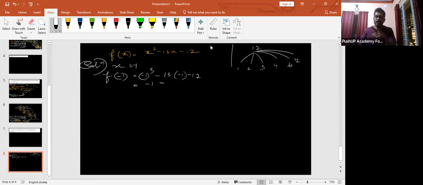Minus 13 into -1 is what? Positive 13. And then minus 12. Now -1 minus 12 is what? Minus 13 plus 13. Wow, you're getting a 0. So when you took x is equal to -1, you got a 0. So you can take x plus 1 as a factor.